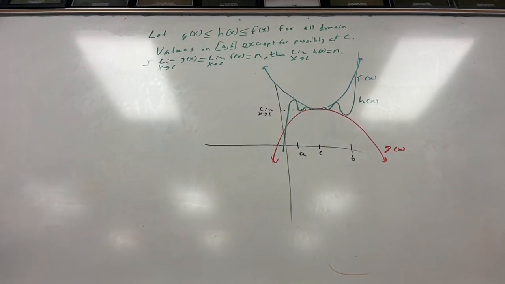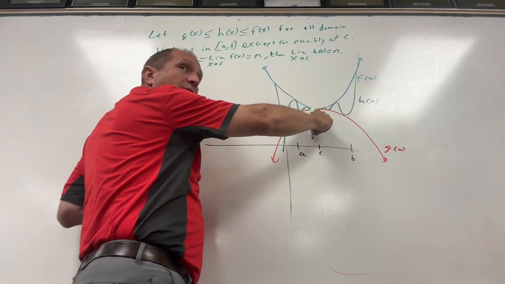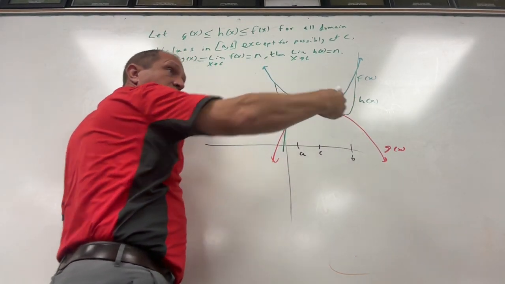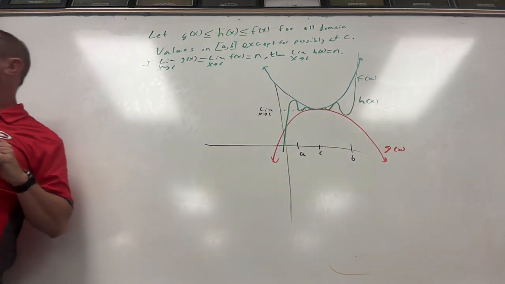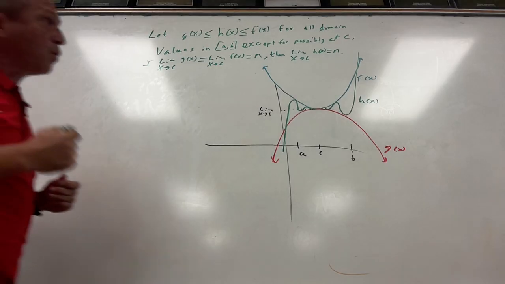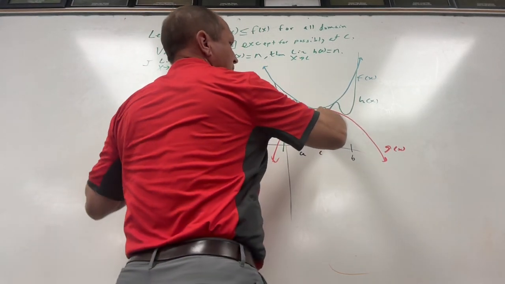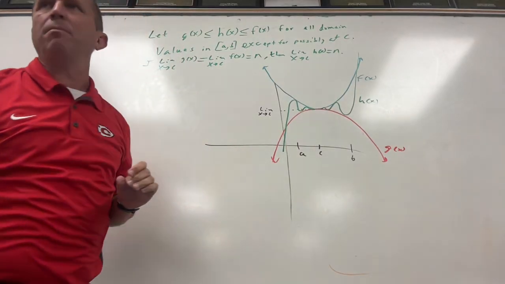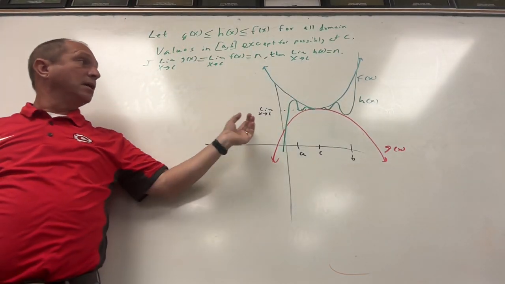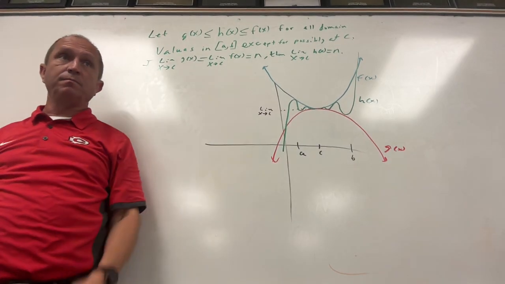And I can't plug in because h of c is probably undefined. It's either undefined or it's really complicated to solve out. Well, because it's always in between them, I can know that that would also have to be the limit as x approaches c for h of x, even though I can't calculate it.